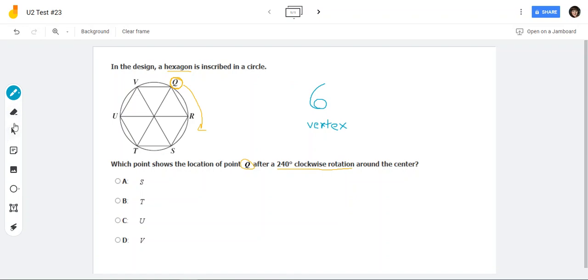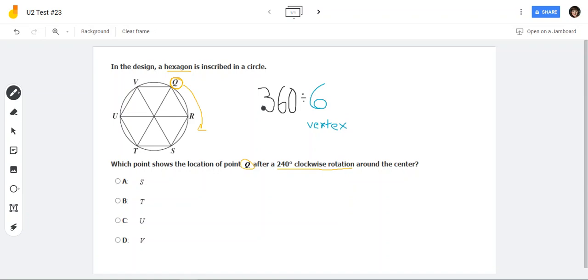and that means if we take the total number of degrees in the entire figure, which would be like a circle, 360, I can divide it by 6. So 360 divided by the number of vertices tells me how far I have to go before it goes from one vertex to another, before it rotates from one letter to another letter, okay?